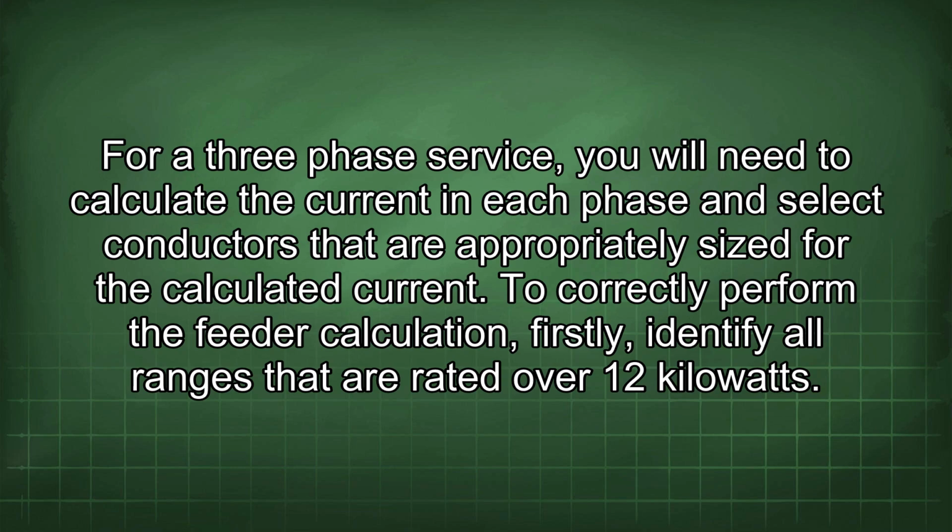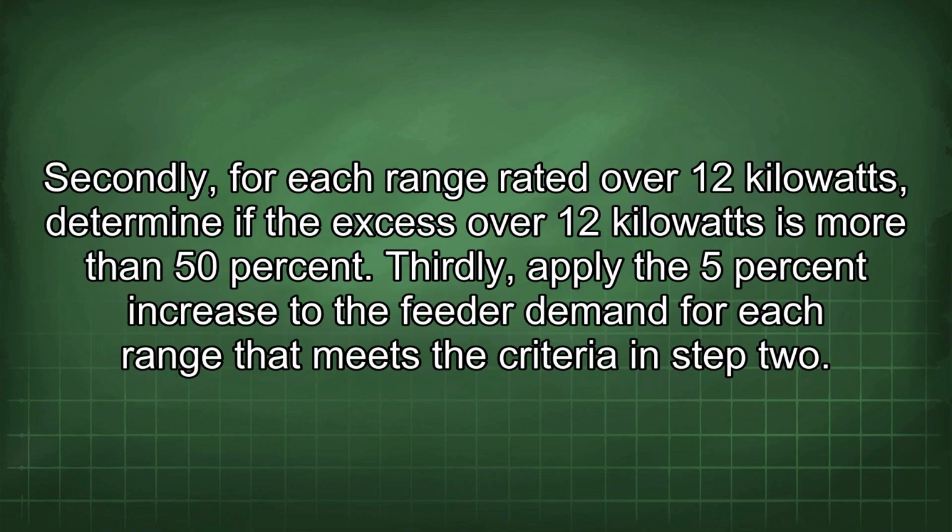To correctly perform the feeder calculation, firstly, identify all ranges that are rated over 12 kilowatts. Secondly, for each range rated over 12 kilowatts, determine if the excess over 12 kilowatts is more than 50%. Thirdly, apply the 5% increase to the feeder demand for each range that meets the criteria in Step 2.